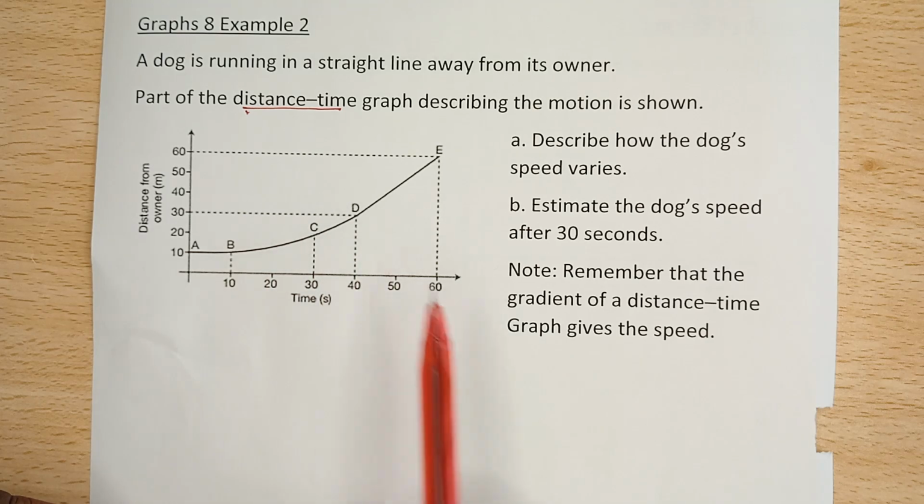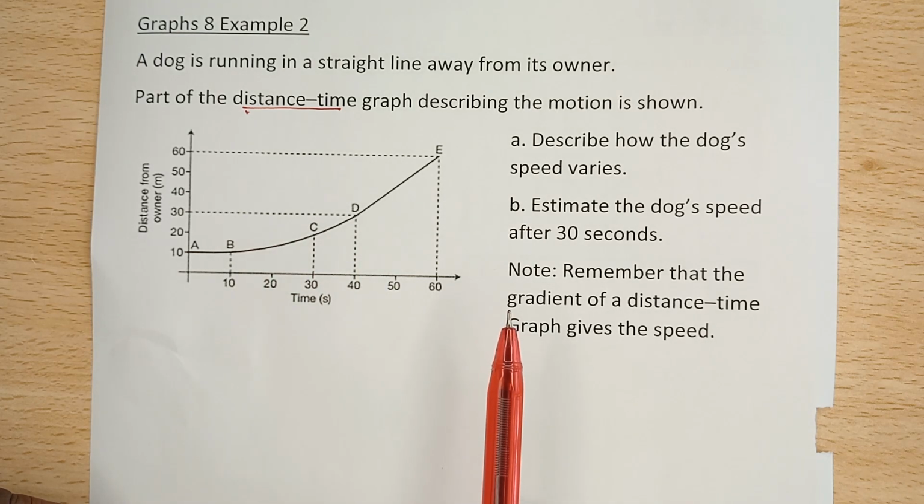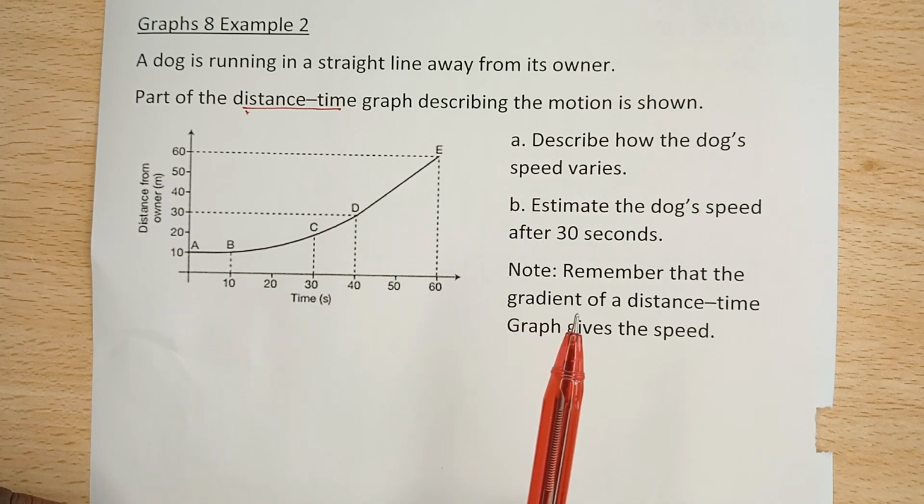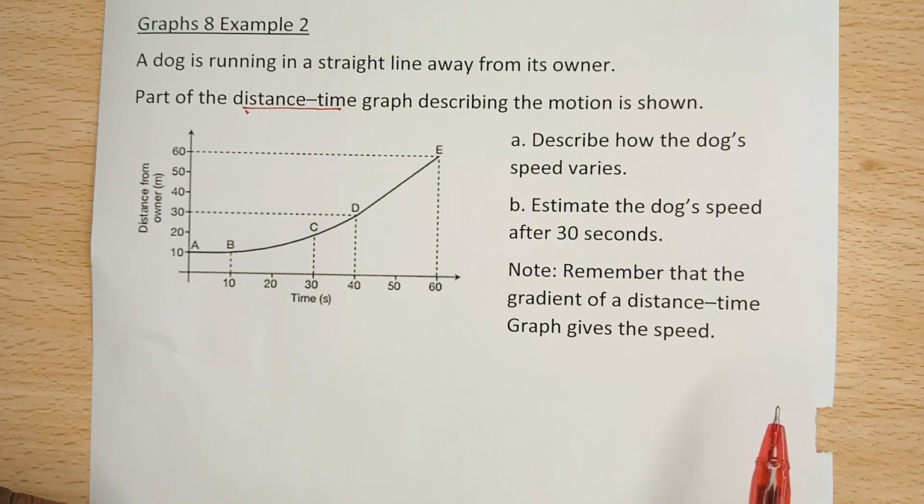This is the graph. Part A: describe how the dog's speed varies. Part B: estimate the dog's speed after 30 seconds.